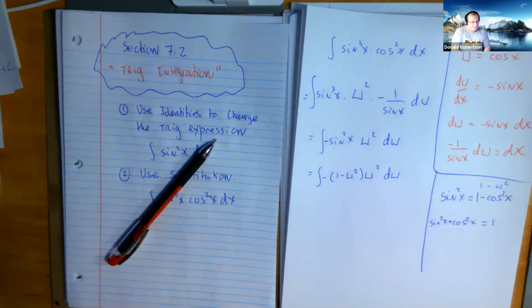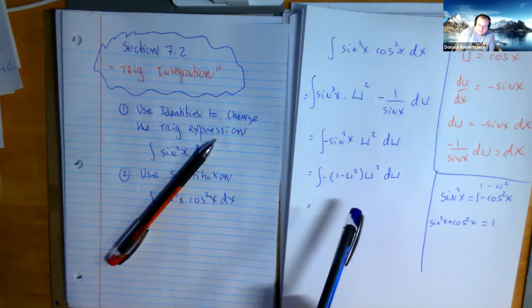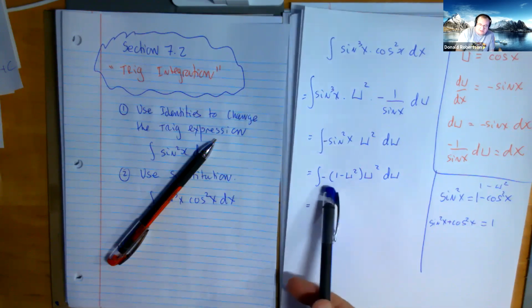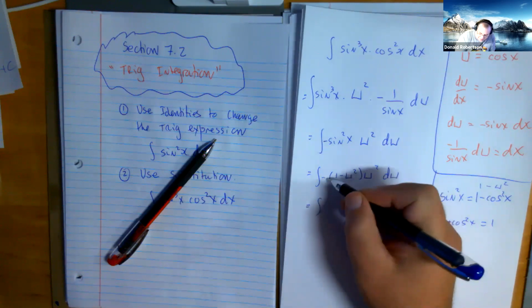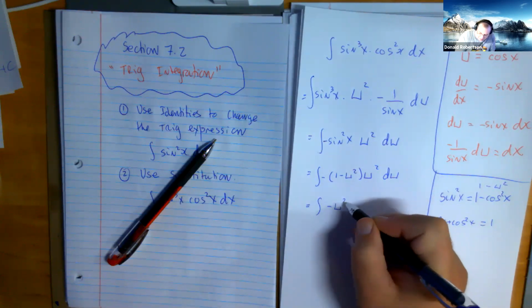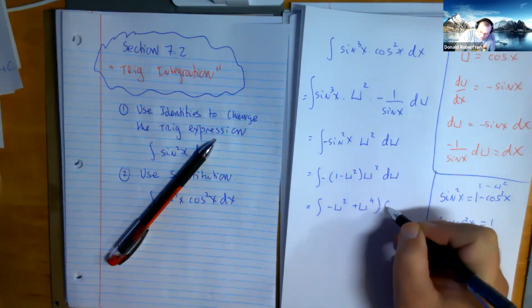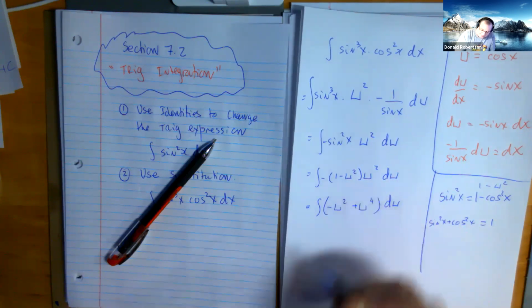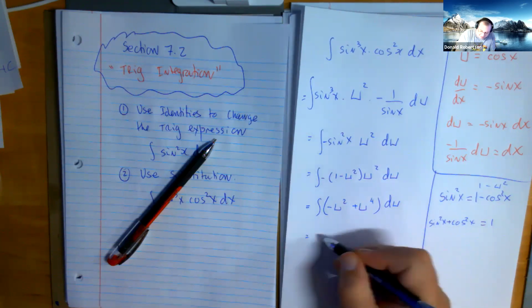We're pretty close to being finished. Is there anything I should do algebraically before I try and integrate this? Expand it. So that times that gets me negative u squared. That times that is positive u to the 4. Happy about that? Distributed u squared essentially. Okay, power rule now.